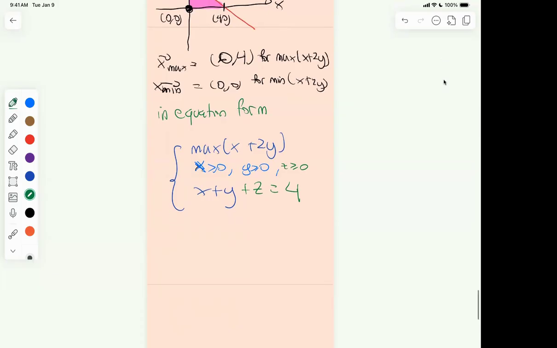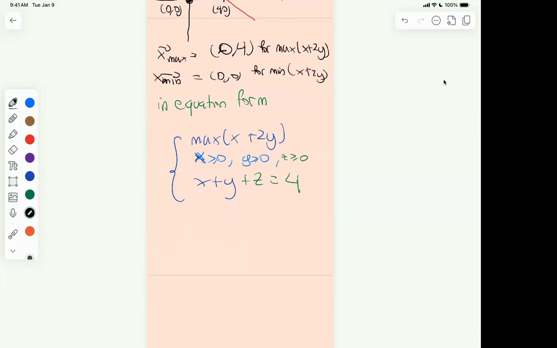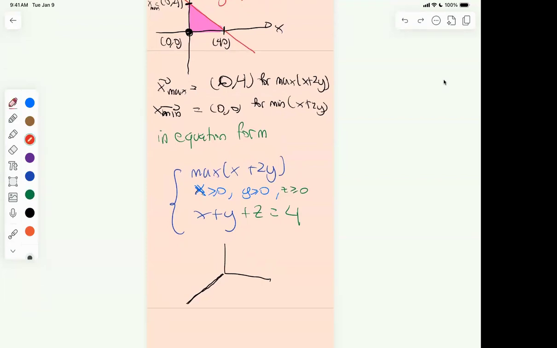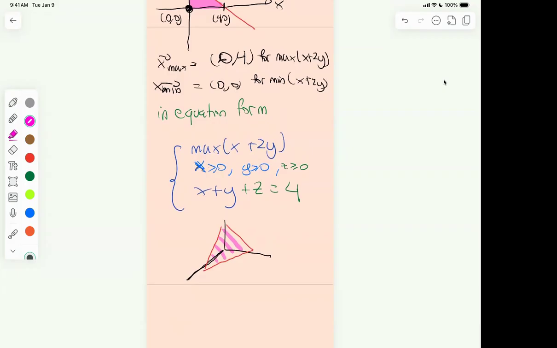Because it is now an equation, the region becomes this triangle in 3 dimensions. It's like a pizza slice, but just the triangle itself. There's no inside, because it's now an equality.